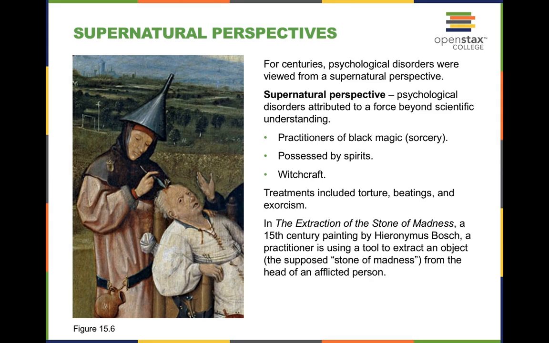We would have a lot of very unethical and horrendous actions taking place as a result. Whenever individuals were experiencing these difficulties, they were tortured, they were beaten to death. There would be exorcisms, and there are a lot of movies that dramatize exorcisms. But this was used commonly back in the day.